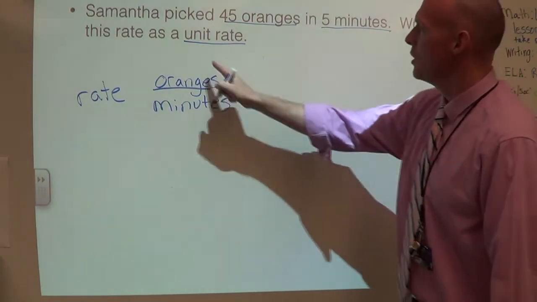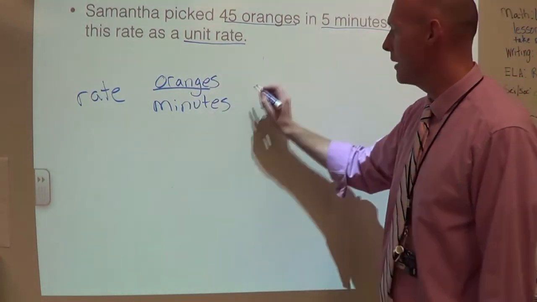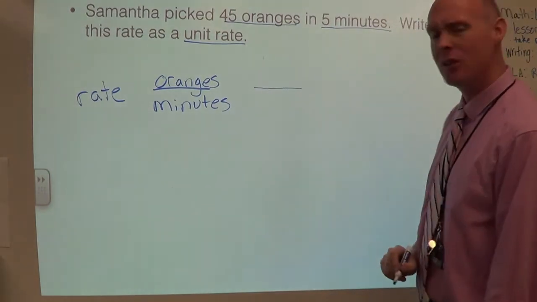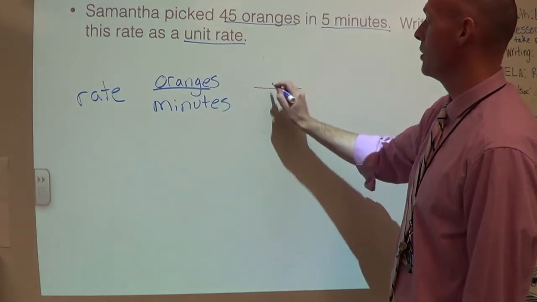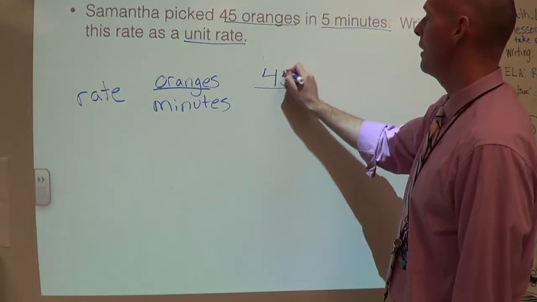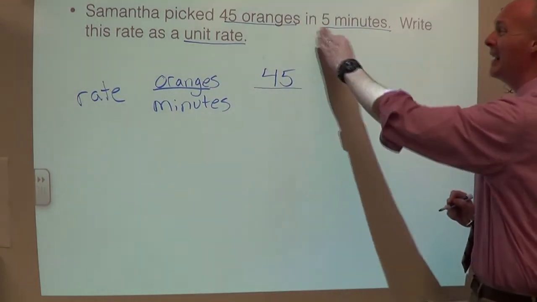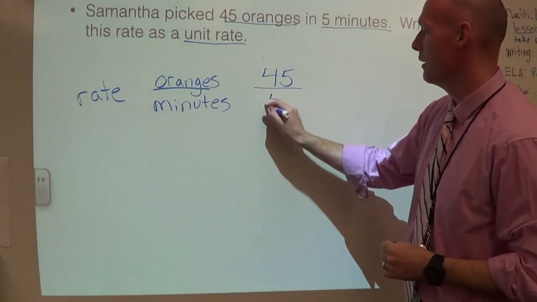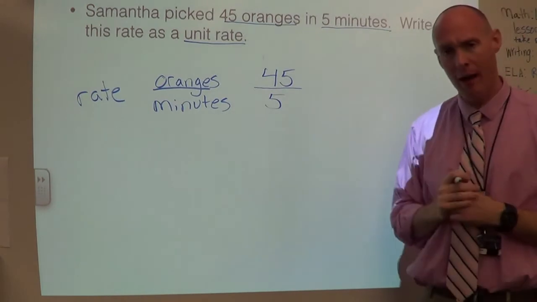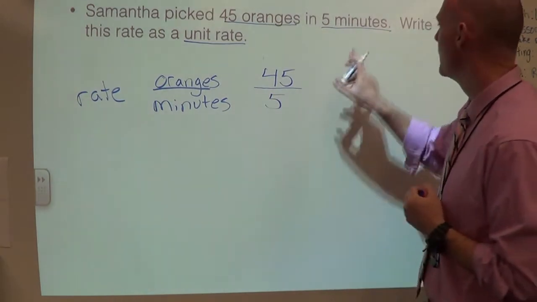So let's look. If we have oranges over minutes, now let's move on to our numbers. Samantha picked 45 oranges, so we're going to put 45 on top in 5 minutes. So 45 oranges in 5 minutes. Okay, so far so good.